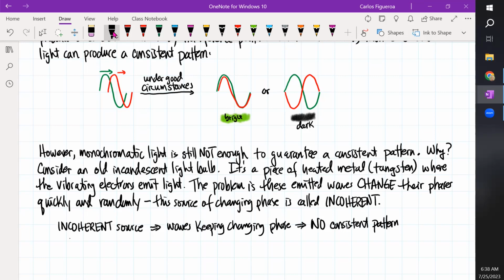However, if you have a coherent source, then the waves do not change phase. And therefore you get a consistent pattern observed.